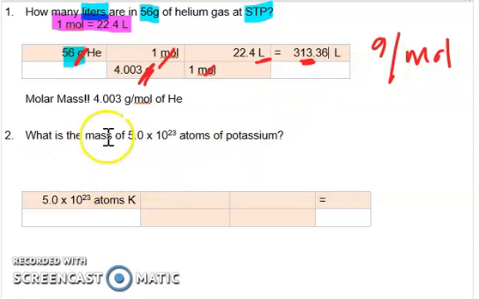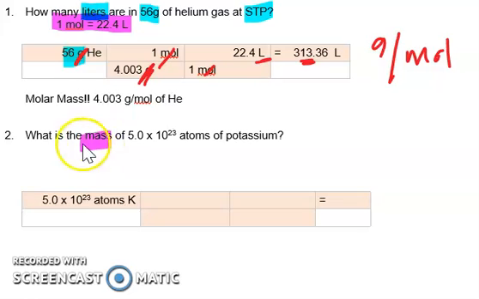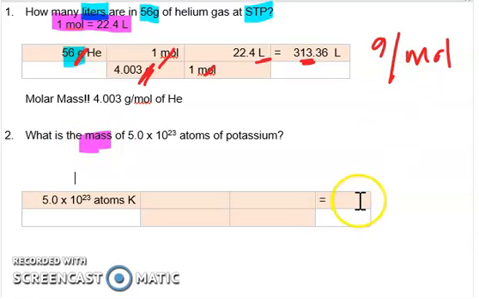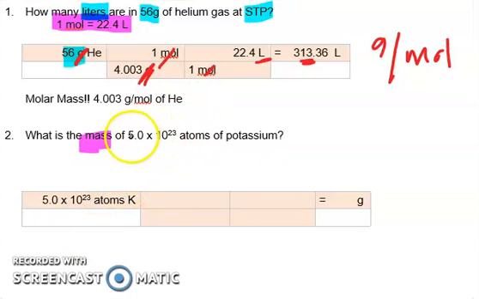Okay, so number 2, or the next one. So they're asking me about the mass. What is the mass? So I know that my final answer has to have grams in it. And then I start with 5.0 times 10 to the 23rd atoms. I start with atoms.